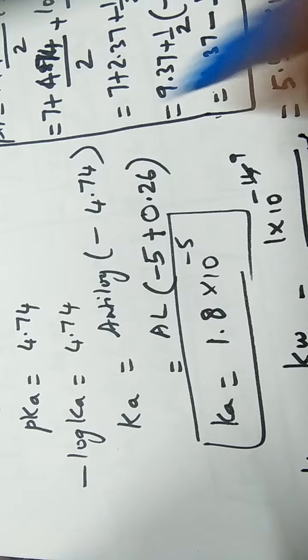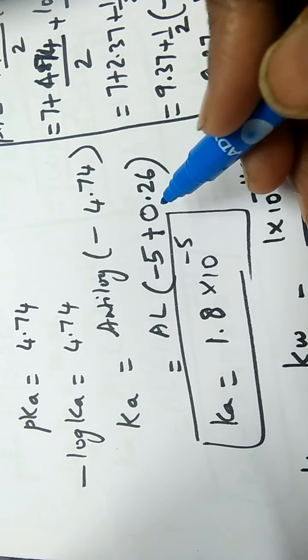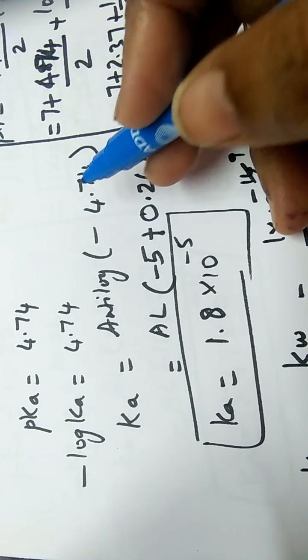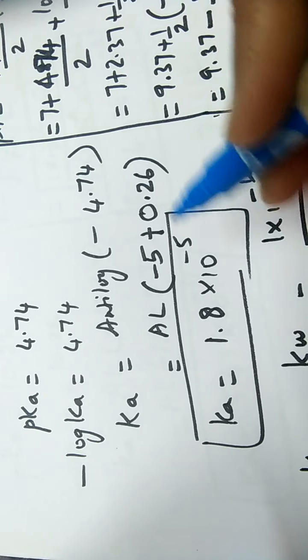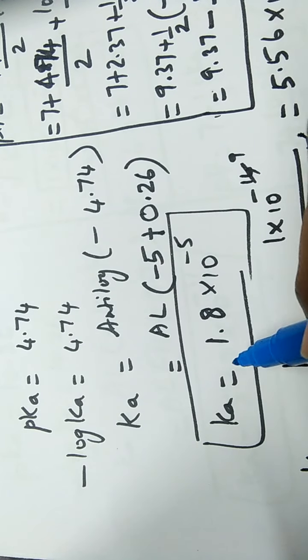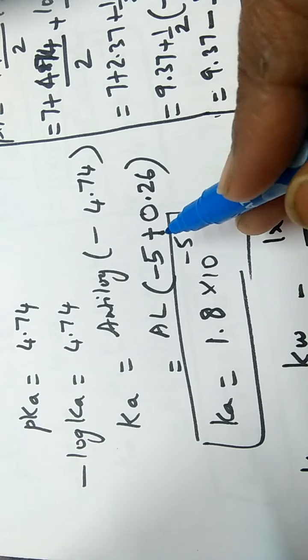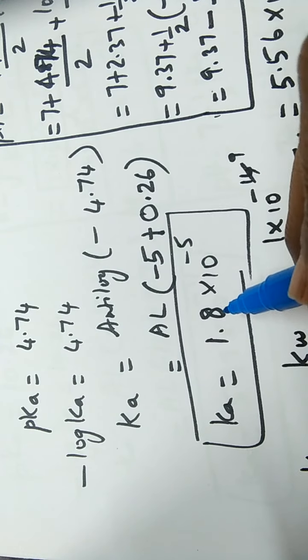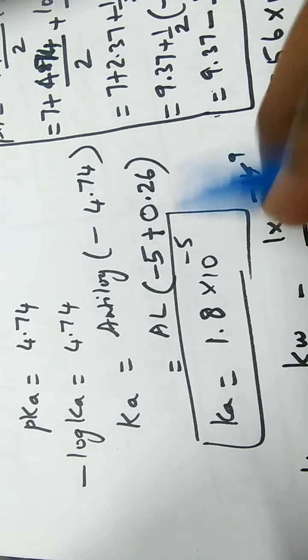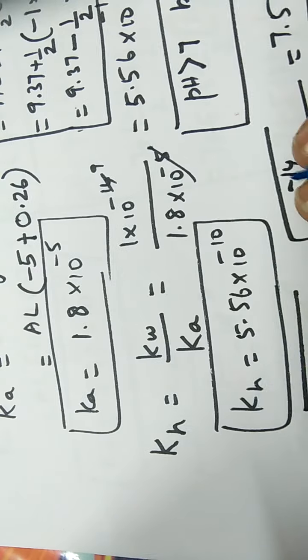Minus 4.74 can be written as minus 5 plus 0.26, since 100 minus 74 is 26. So Ka is 10 power minus 5 times the antilog of 0.26, which is 1.8. So Ka is 1.8 into 10 power minus 5.